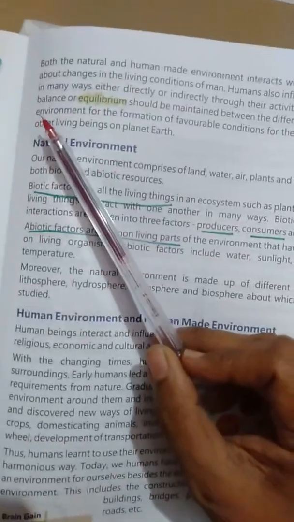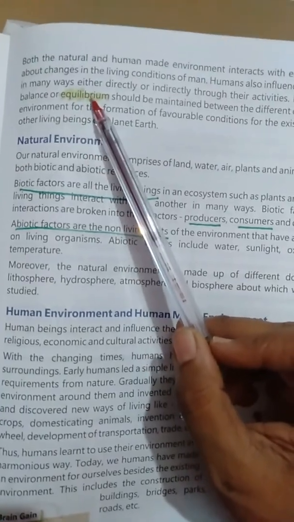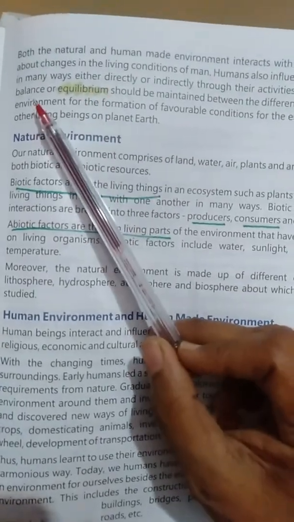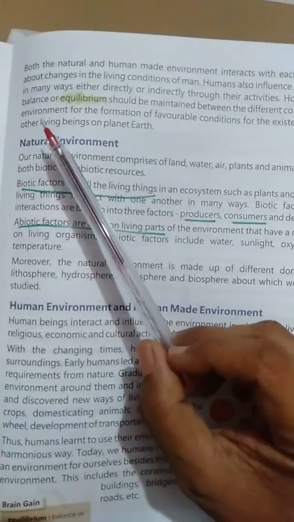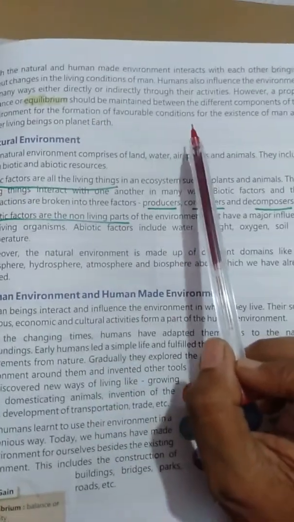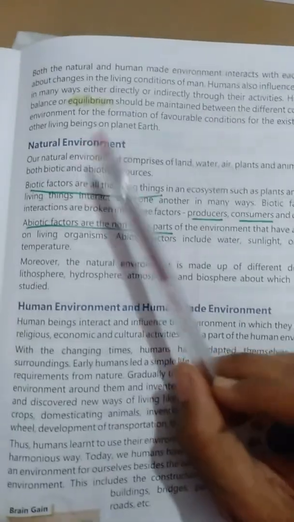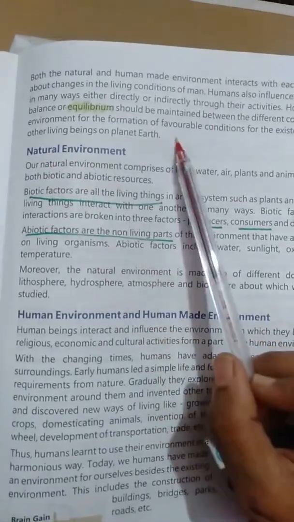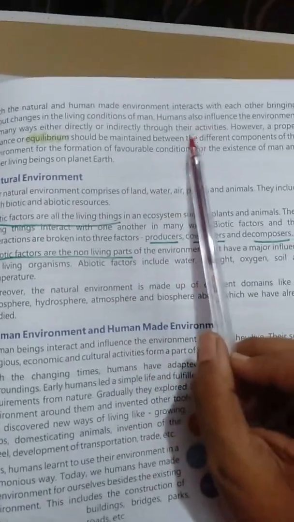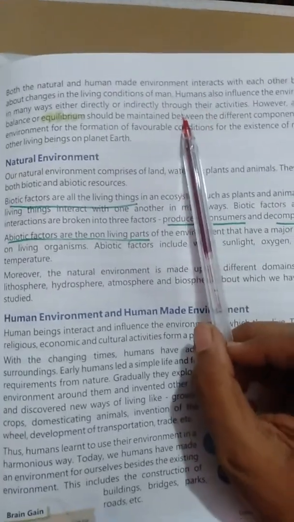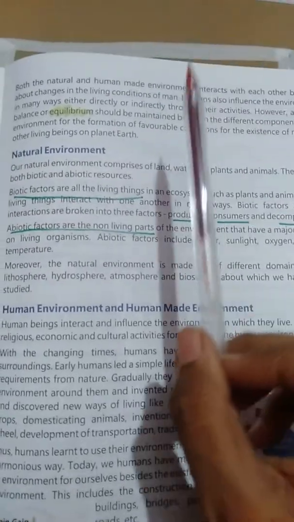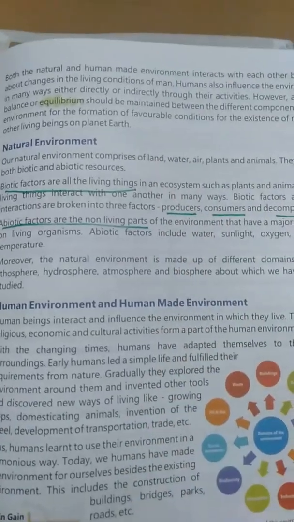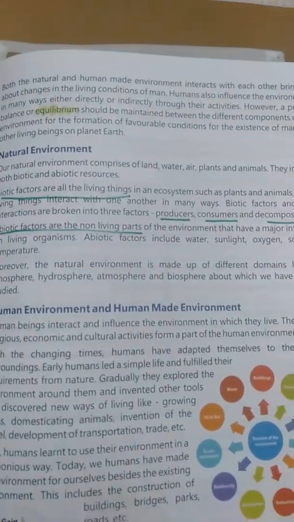However, a proper balance or equilibrium, and equilibrium means the balance, should be maintained between the different components of the environment for the formation of favorable conditions for the existence of man and other living beings on the planet Earth. Let me give you one example. If we only cut the trees and we are not focusing on growing more plants, how can we keep balance? So we have to keep balance through all these activities.